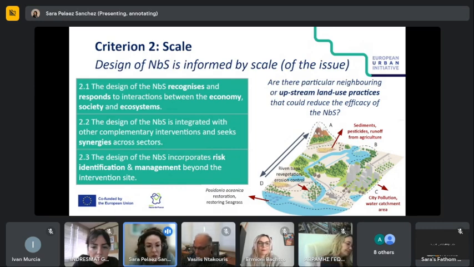If you look at the infographic here in the slide, you need to think if your intervention is downstream. For example, imagine that you are doing restoration of seagrass on the coast, Posidonia oceanica or another kind.